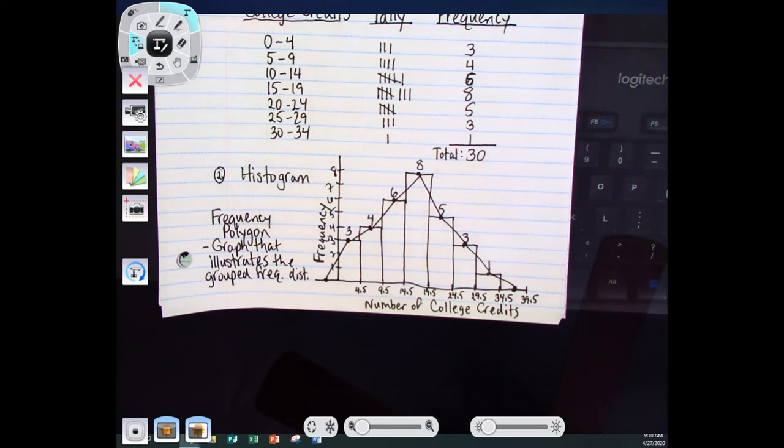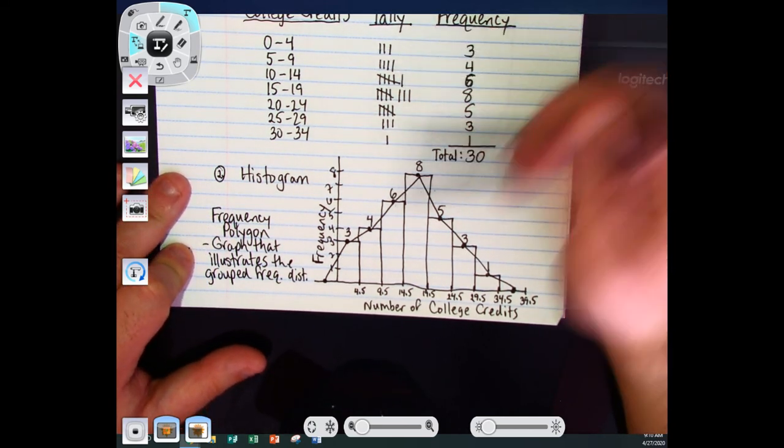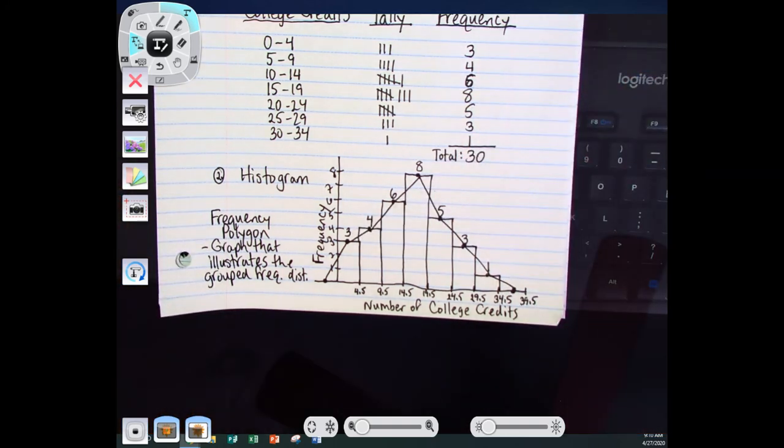So this would help give us an idea of taking our grouped frequency distribution and graphing it. Okay, so these are the types of frequency distributions that you'll see.